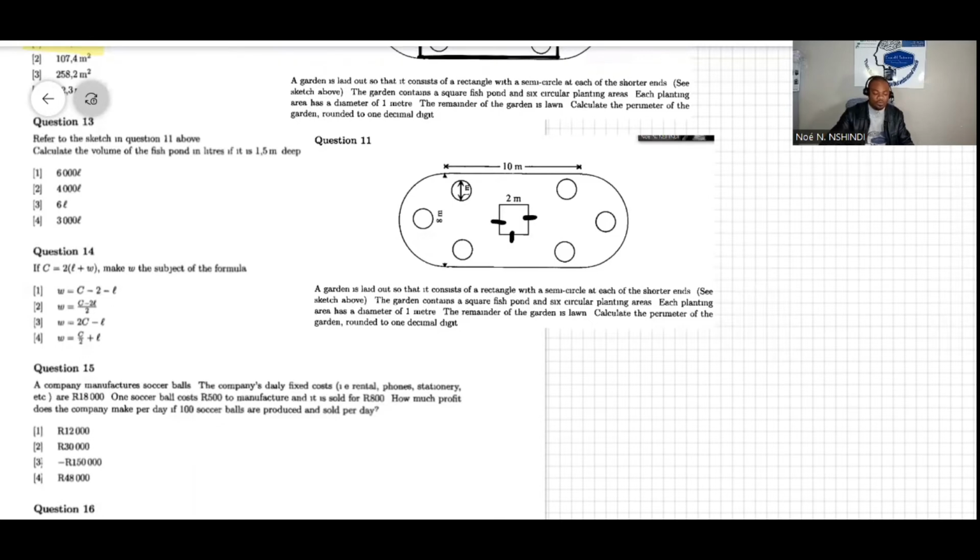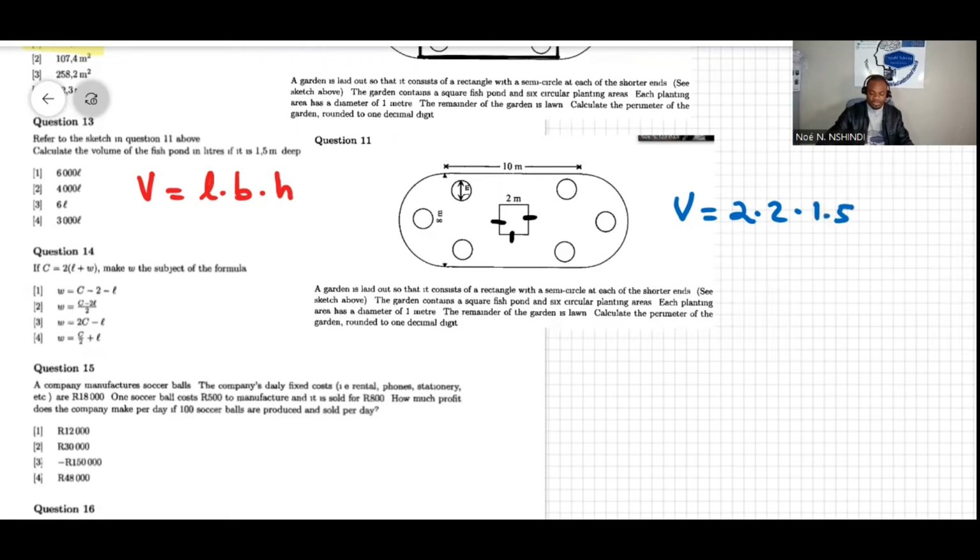Now the volume of a cube is given by length times breadth times height. So here the volume will be equal to 2 the length, 2 the breadth, times the height, which is 1.5.